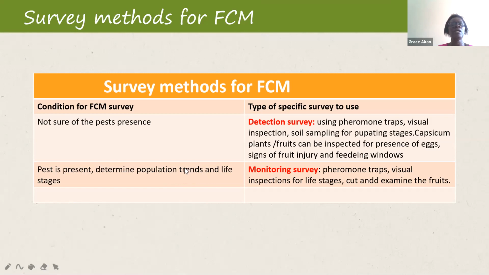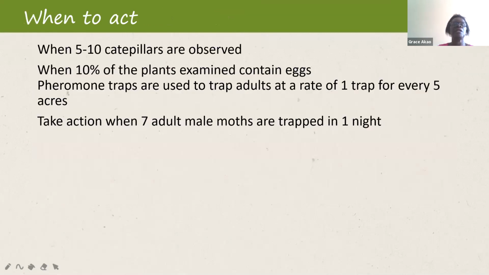You're also doing monitoring if the pest is present and you want to determine the population trends and life cycle. So you are more or less using the same equipment that you're using in the detection survey. So when do you then take action?